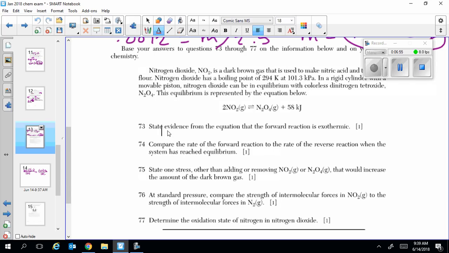So I have to have evidence, so I can say the forward reaction produces 58 kilojoules of heat. So if I have an exothermic reaction, I have a reaction that makes heat or produces it, and so there it is. If it's on the product side, it's producing it, so that's exothermic.